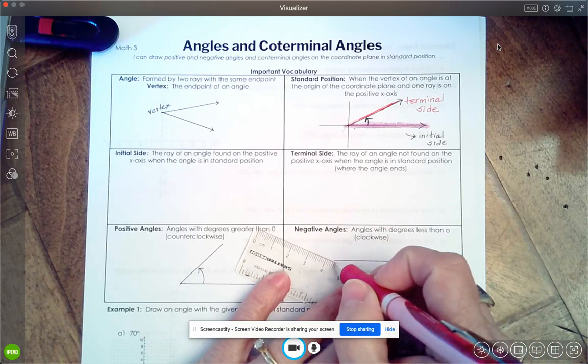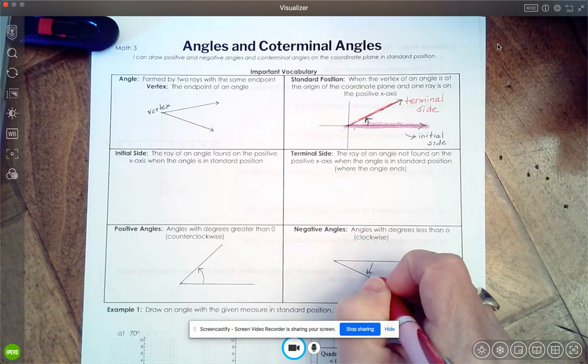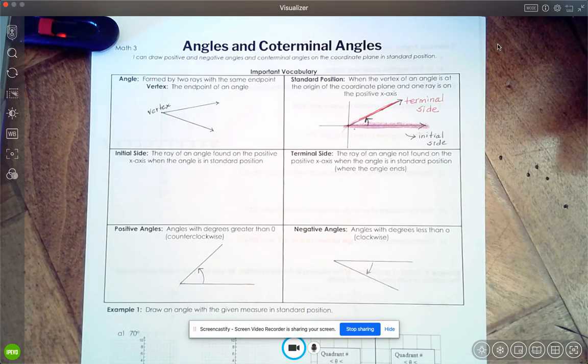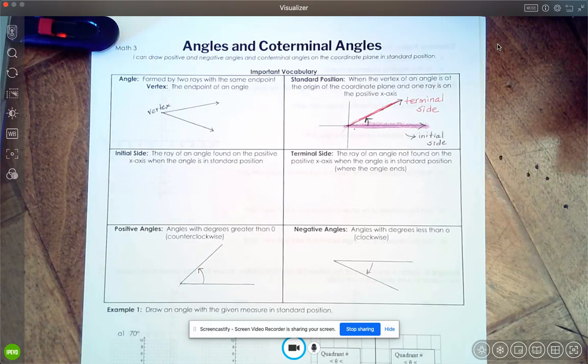So let's say I'm going this way. That's going to be a negative angle. We always put these little marks right here so we know which way it's going. This one is going clockwise, in the negative direction. This one is going counterclockwise, in the positive direction.